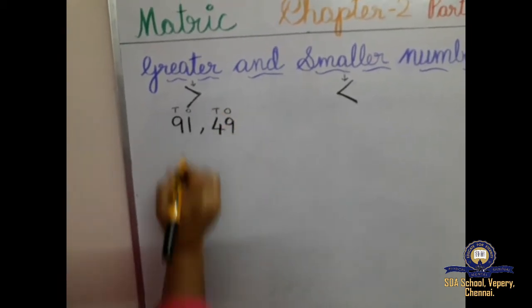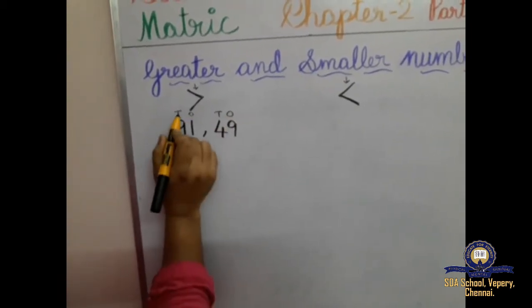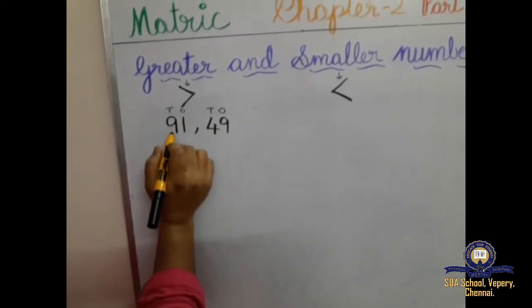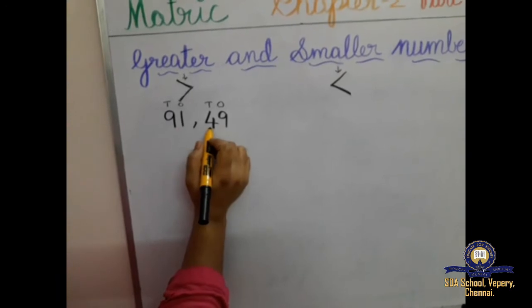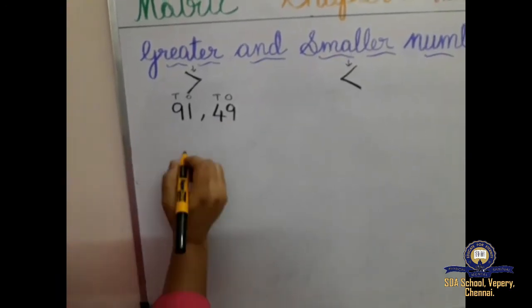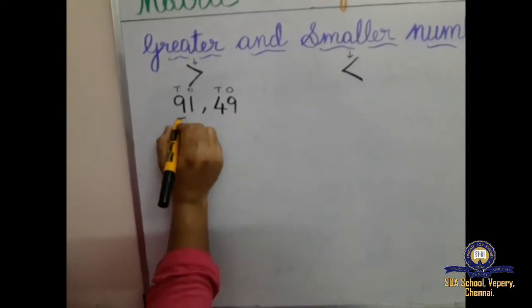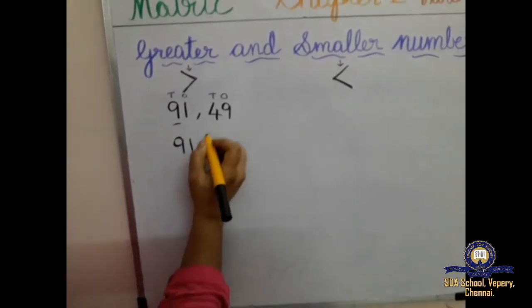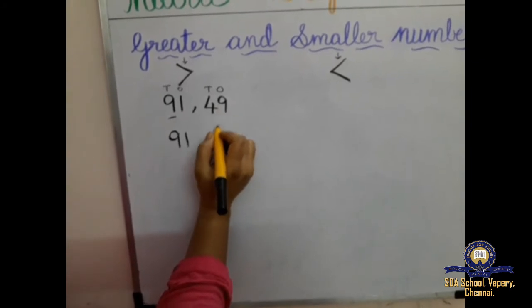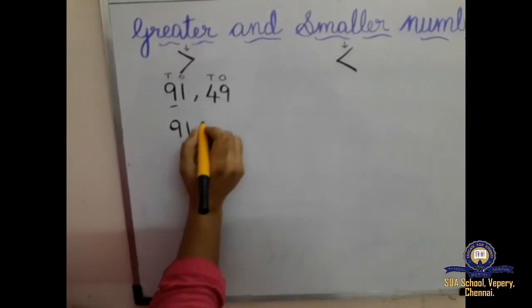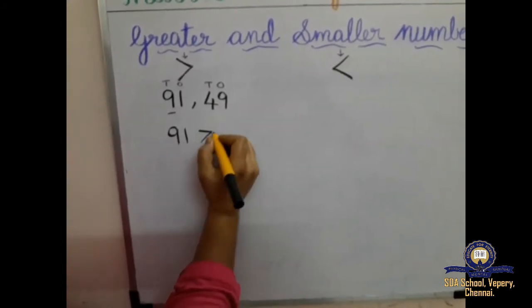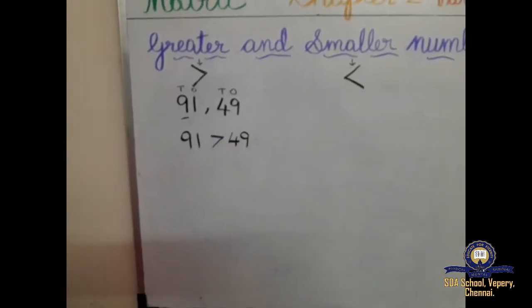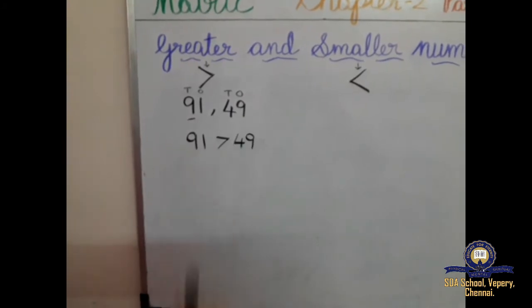So here we'll see the tens place. Now see, is 9 the bigger number or 4? 9. So 91 is a greater number and 49 is a smaller number. So 91 is greater than 49.